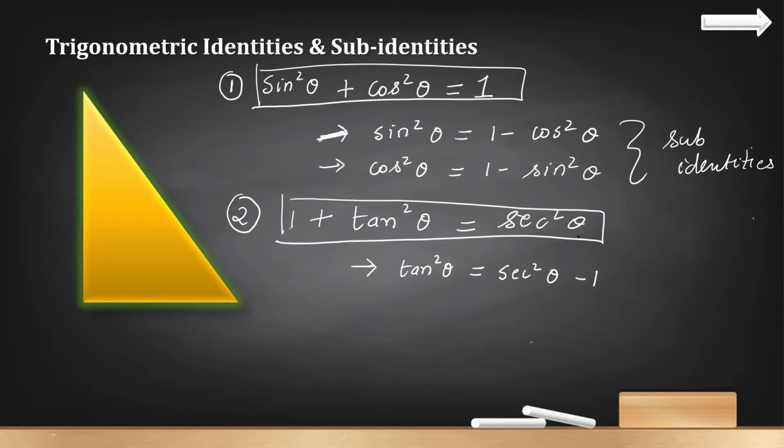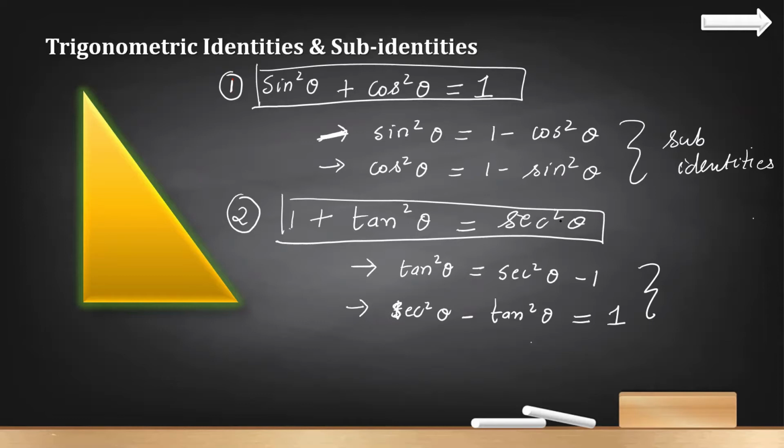Simply we bring the 1 from here to here. Secondly, if I bring tan over to this side, sec square theta minus tan square theta is equal to 1. So again, these are the two sub-identities. You just have to bring one term from LHS to RHS.